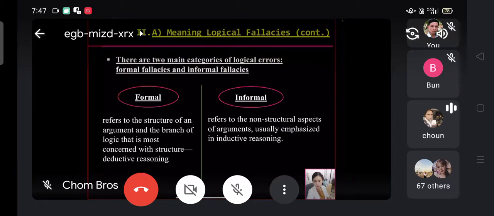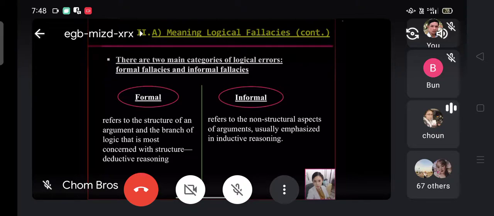This is the point that I would like to show you. We take two categories, formal and informal.